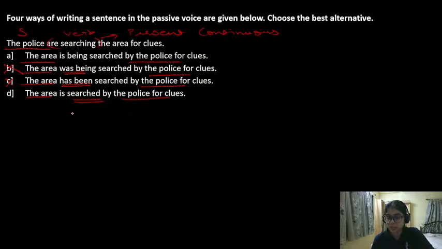Not in present continuous. Look at option A. The area is being searched. Continuous always has ing. The area is being searched by the police for clues. So the only option that maintains the tense of the original sentence is A.